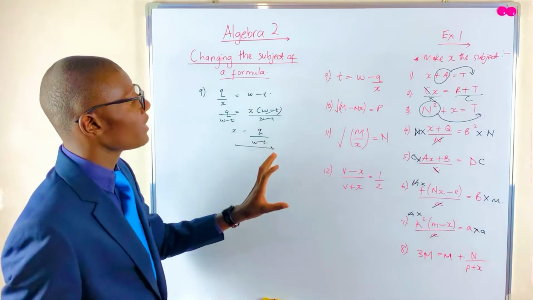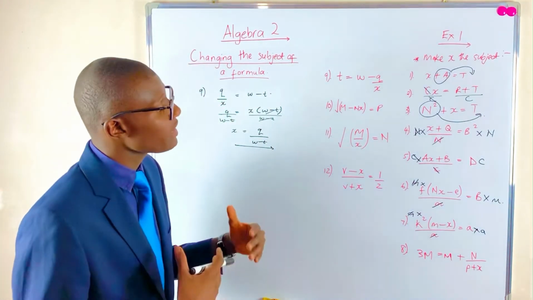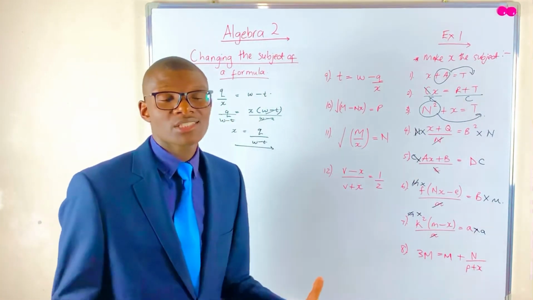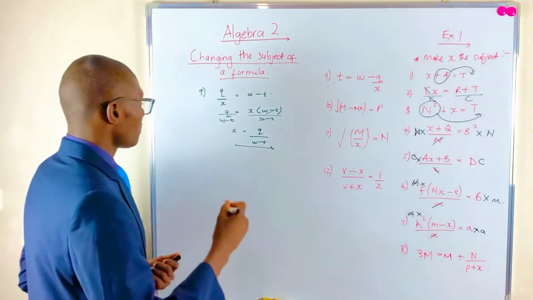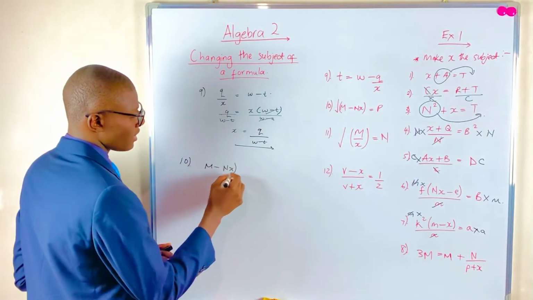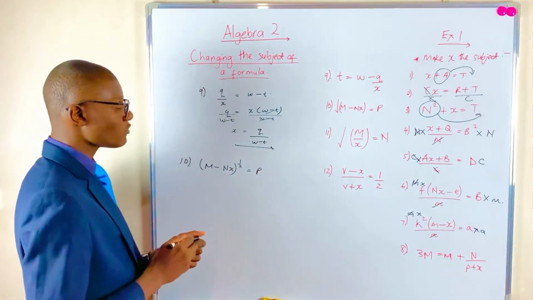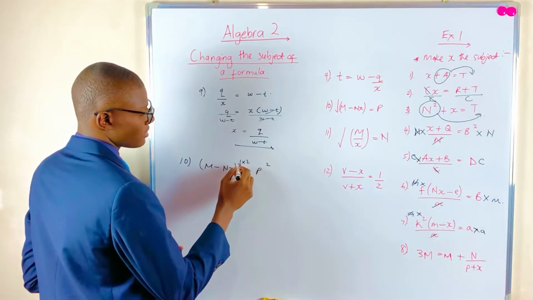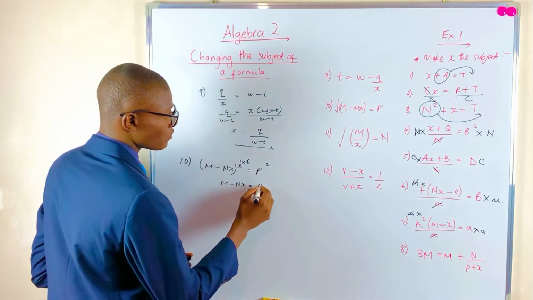Now for number 10, we've got the root of m minus nx being equal to p. So we know the square root means that m minus nx is raised to the power of half. So we can rewrite this as m minus nx raised to the power of half being equal to p. To remove this power of half, we can square both sides, this 2 and this 2 cancel, such that m minus nx is equal to p squared.